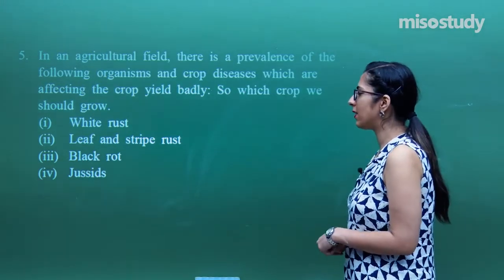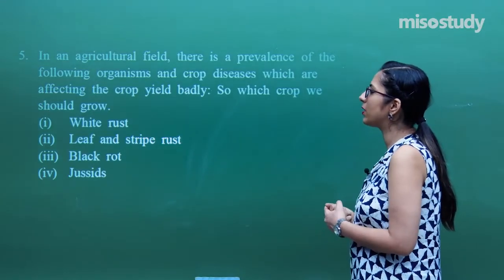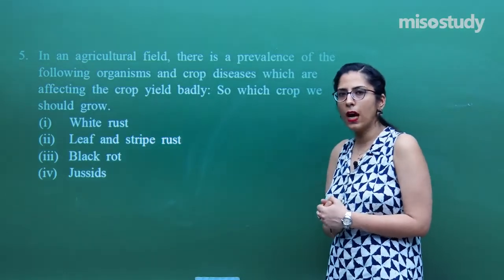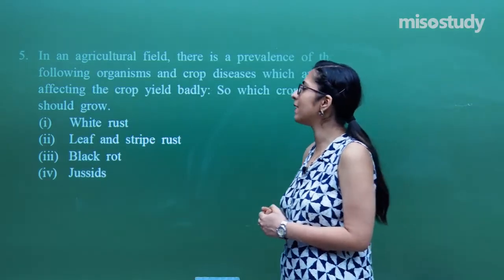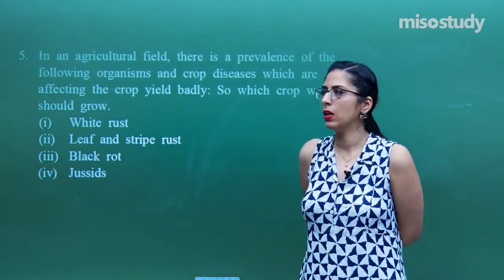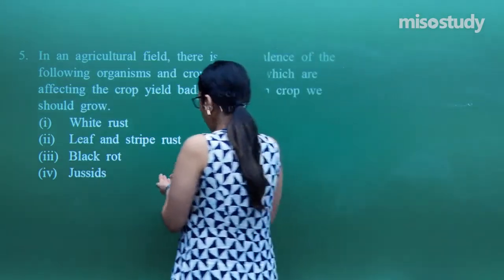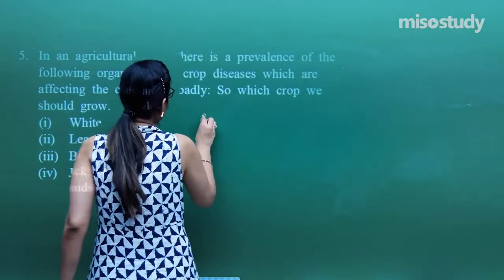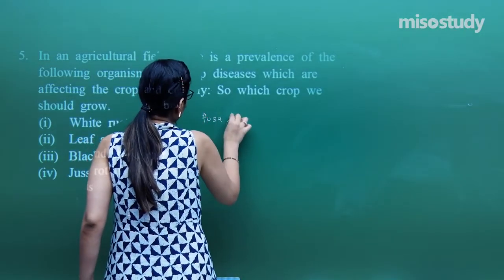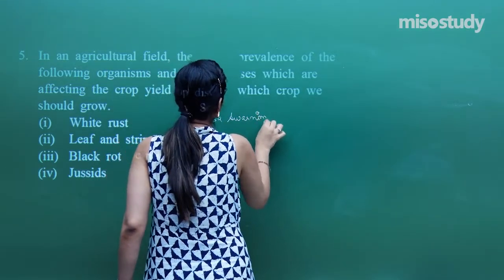First is white rust, second is leaf and stripe rust, black rot and jassids are there. So, we have to look for those varieties which are resistant to different types of pests. To talk about white rust, we have developed one variety which is Pusa Swarnim.